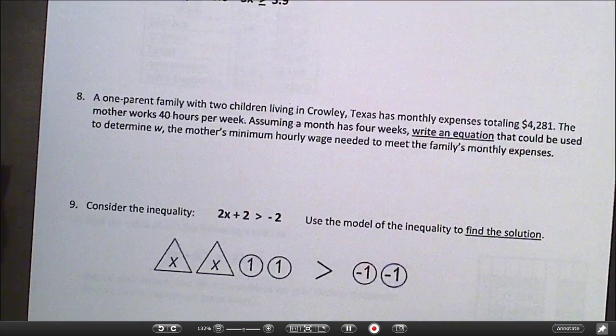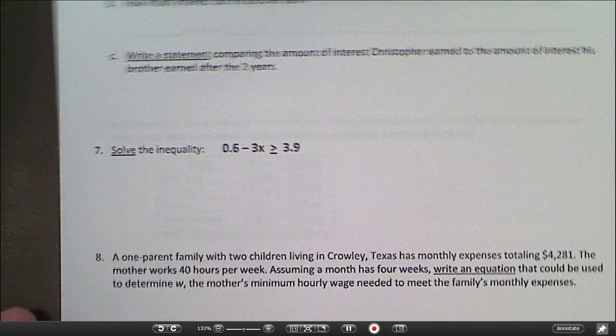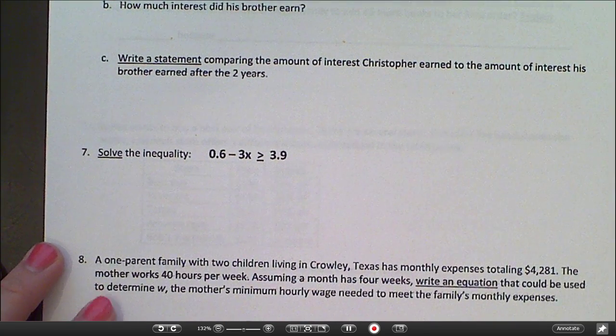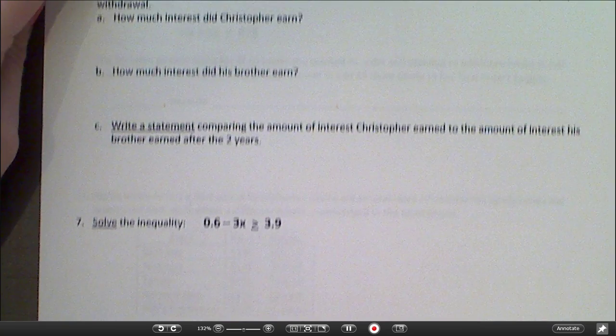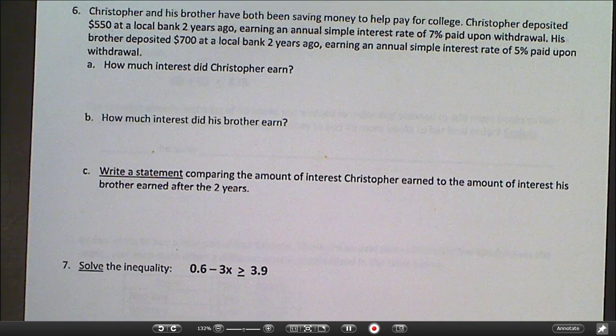Okay, let's turn to number 6. Christopher and his brother have both been saving money to help pay for college.